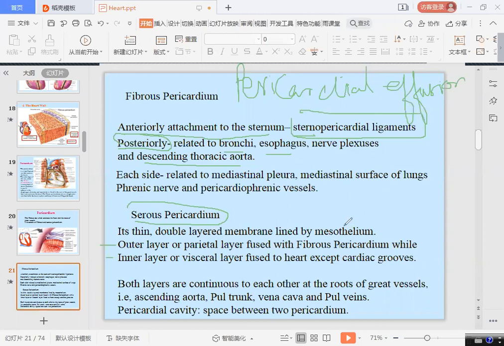So what will happen, for example, this is the muscle, this is the heart, and this is the visceral layer. When there is fluid between the heart and the visceral layer, it will cause compression of the heart.